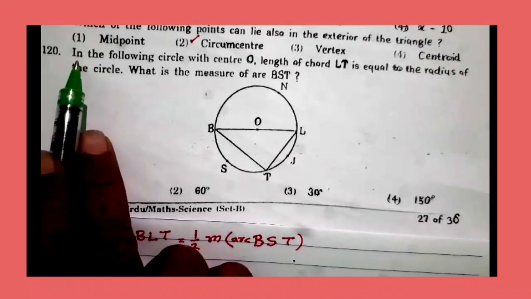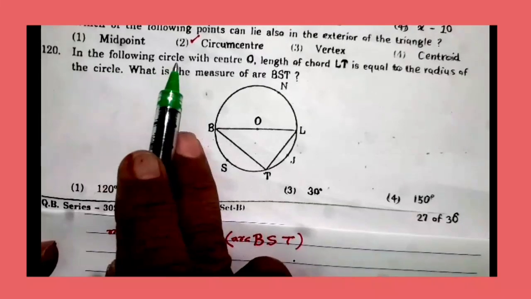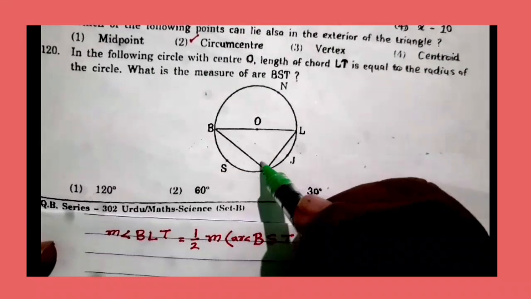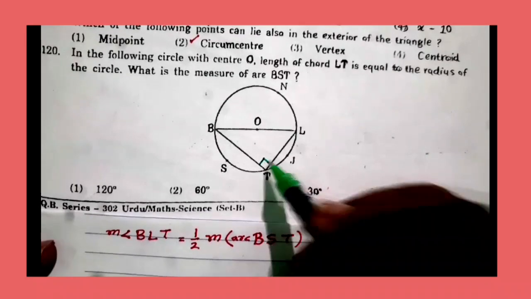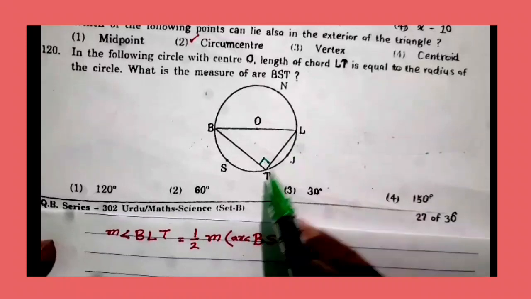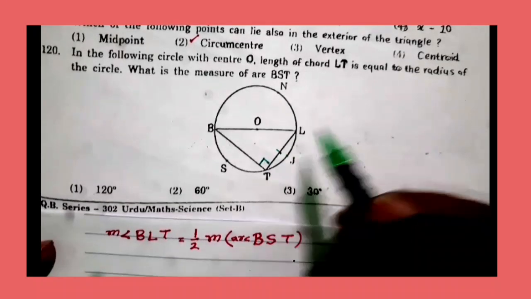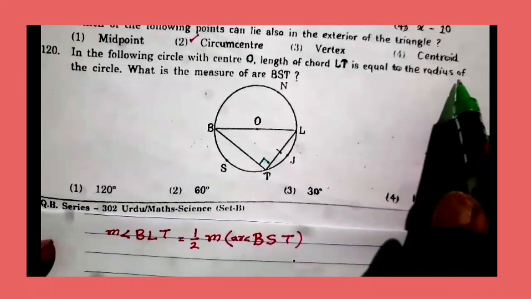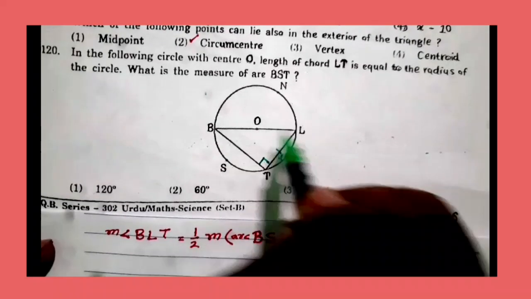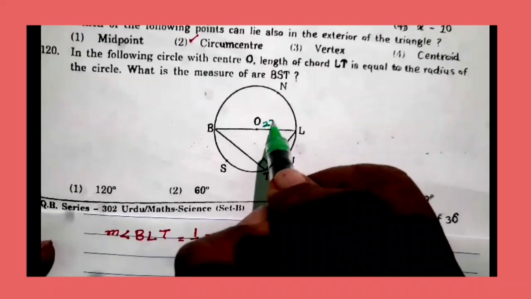Last question. In the following circle, with center O, this angle is 90. Length of LT is equal to radius of the circle r, and BL is 2r.